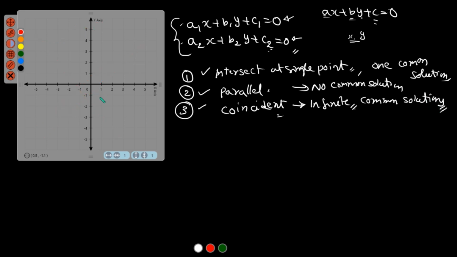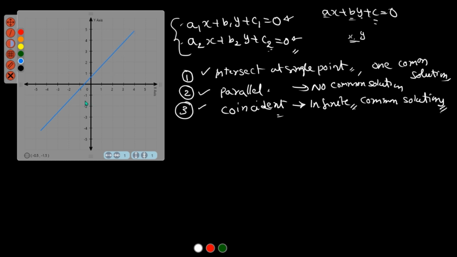Now we'll discuss how to identify whether two lines intersect at a single point, or are parallel, or are coincident. Let's draw a line.